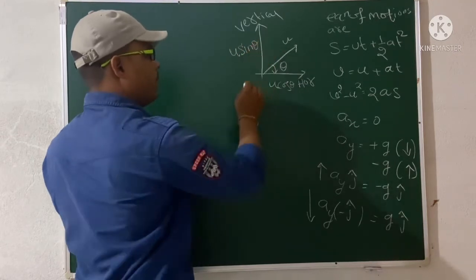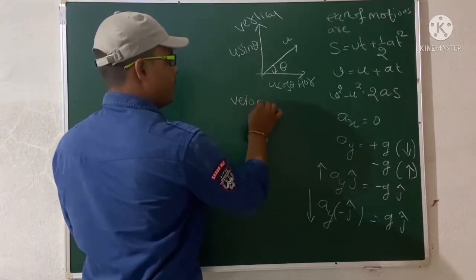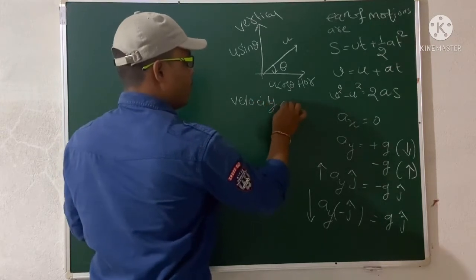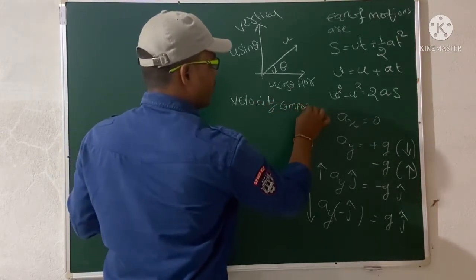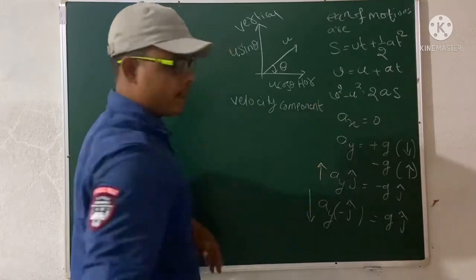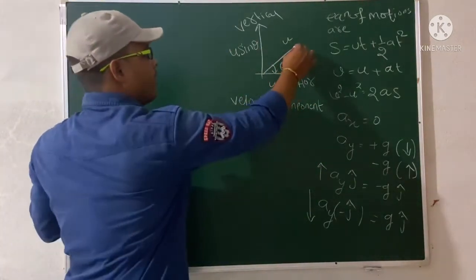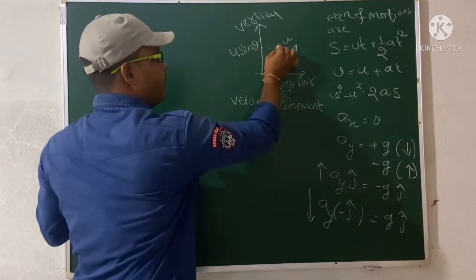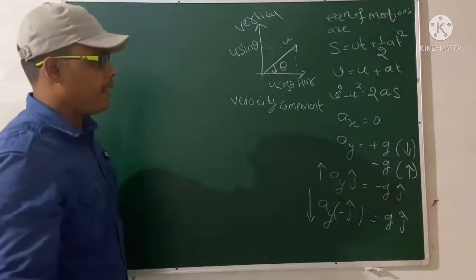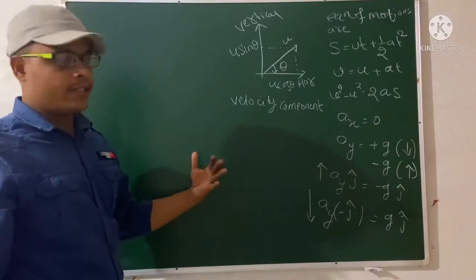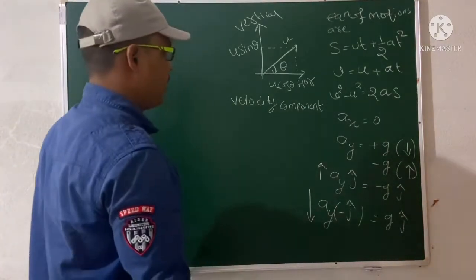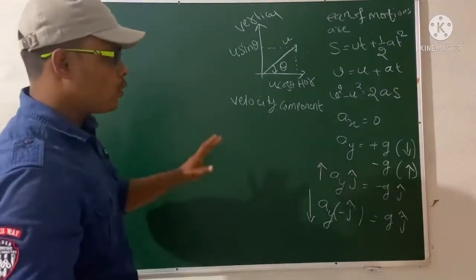So these are the velocity components. Since theta is a variable here, your u cos theta and u sin theta will be different, right? So these are the velocity components.